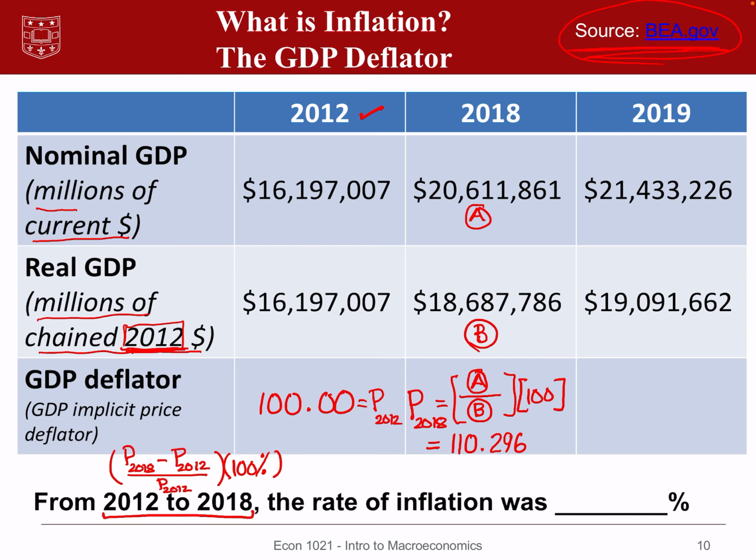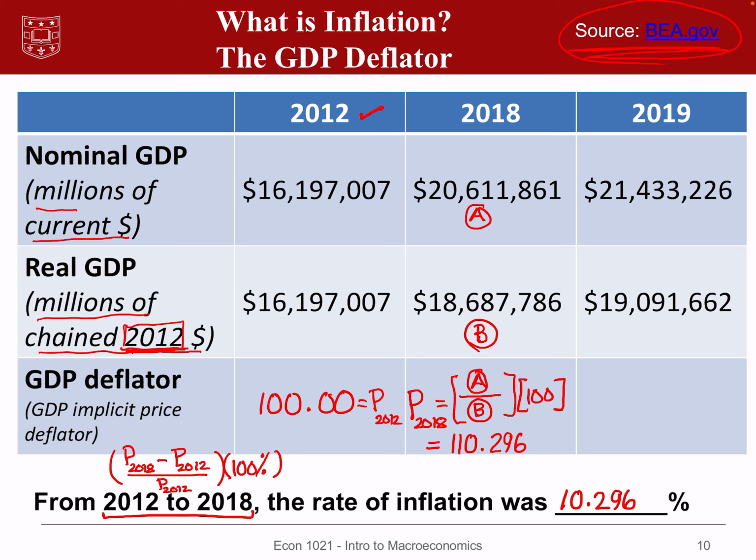This is pretty simple because we're going to be subtracting 100 from 110.296 and then dividing by 100. So what you should find is that the rate of inflation over this 6-year period was 10.296%. So that's not in every year an inflation rate of 10%.